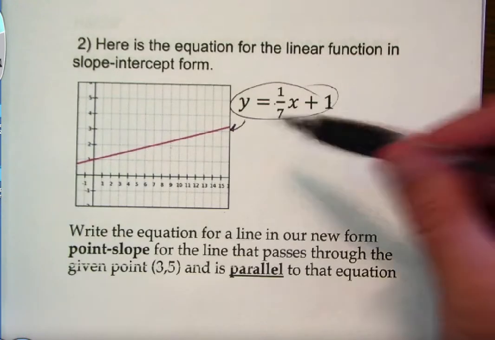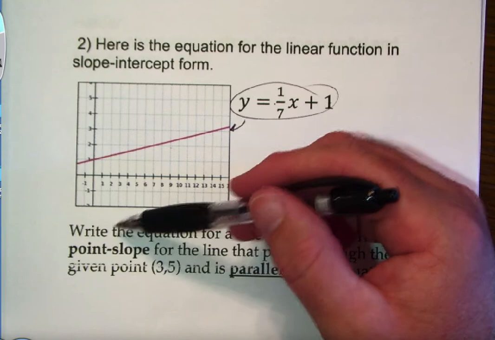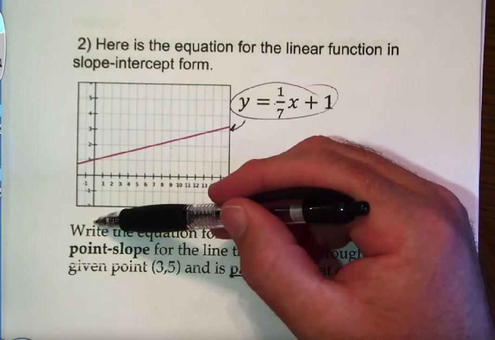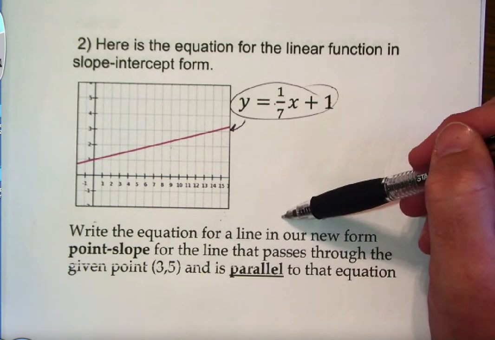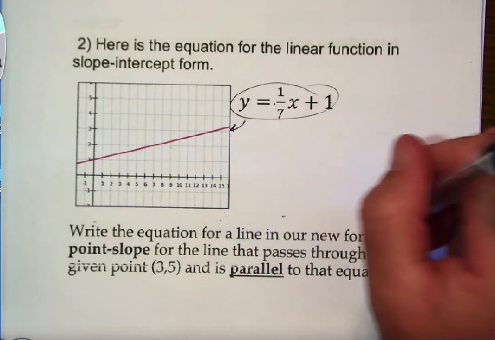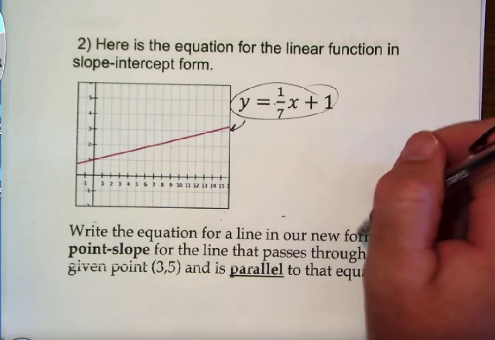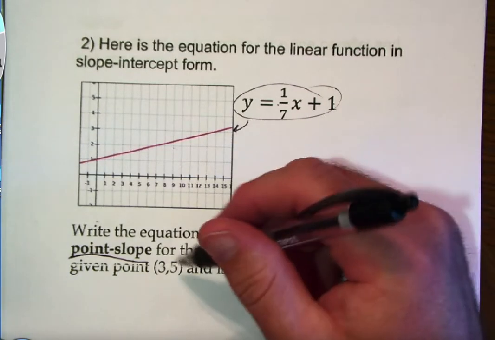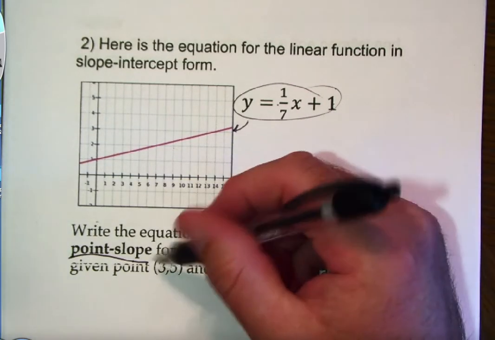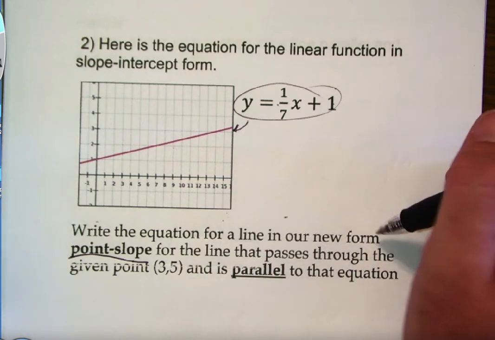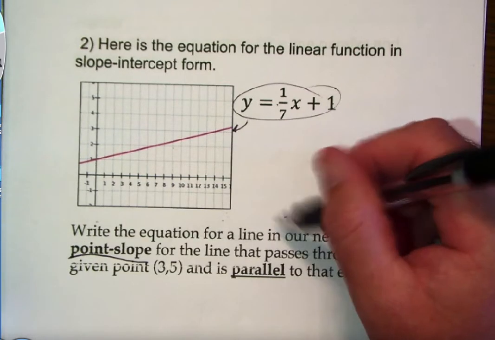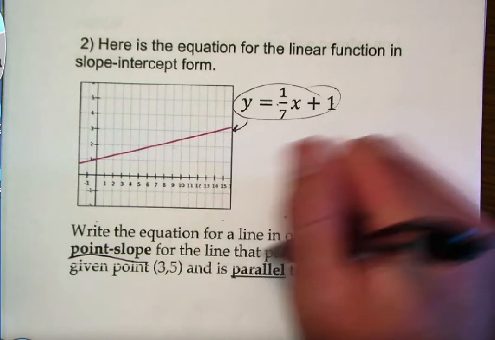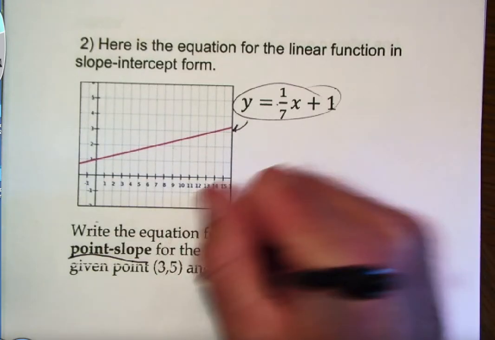Here's where I'm going to get a little bit more specific. We want to write the equation for a line in our new form, point slope, for the line that passes through the point 3,5.